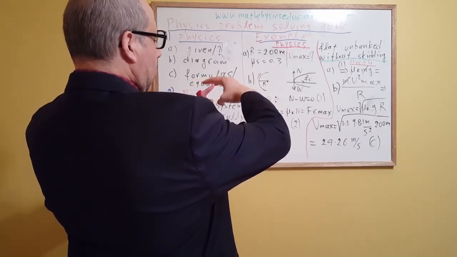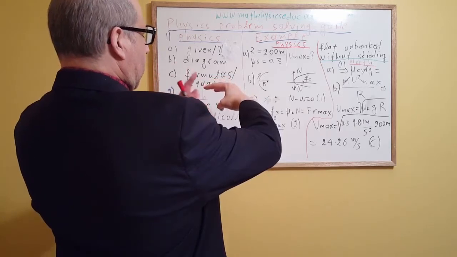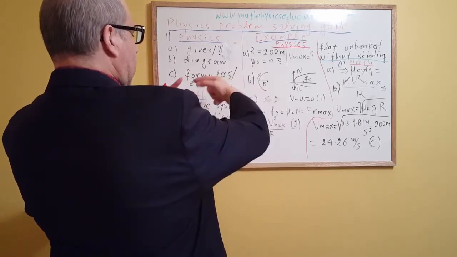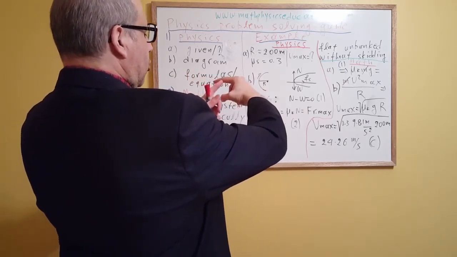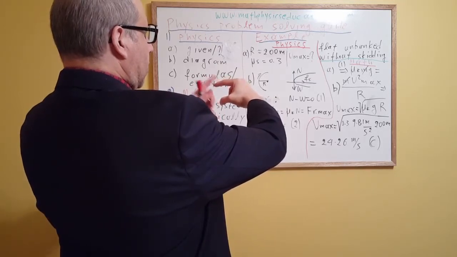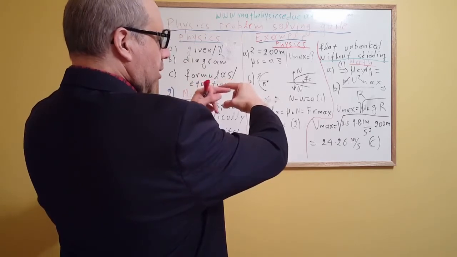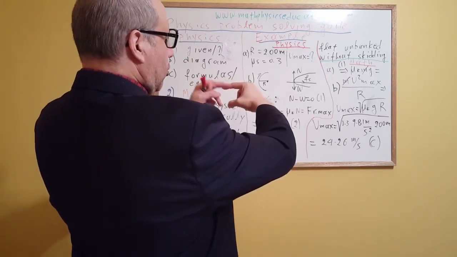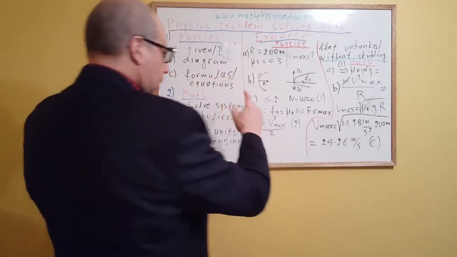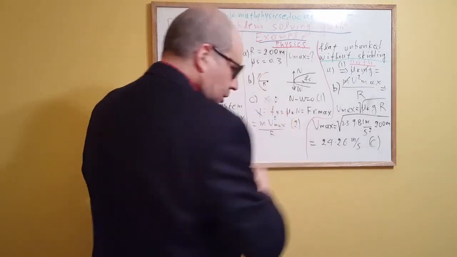So the wheels in this direction, let's say this is the curve and here is the center, the tires in this direction are not moving with respect to the road. So that's why we have static friction.